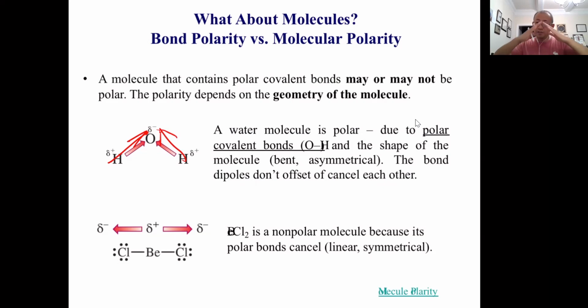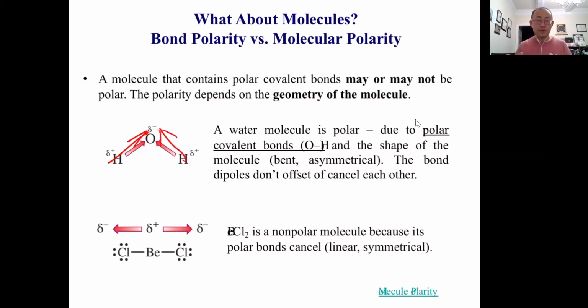If you think of bent as two directional forces, one is pointing up right, one is pointing up left, so they're actually both pointing up. These two dipoles don't offset or cancel each other. If that's the case, these two polar bonds don't cancel each other, resulting in a polar water molecule.